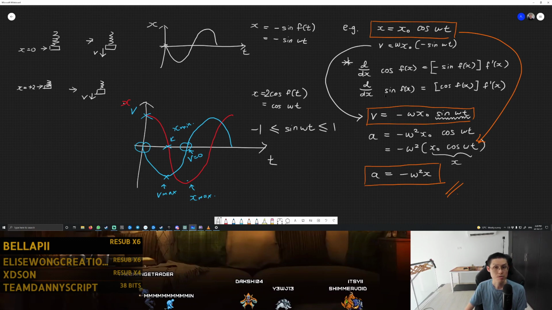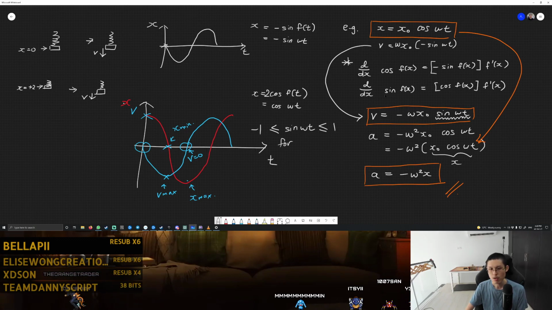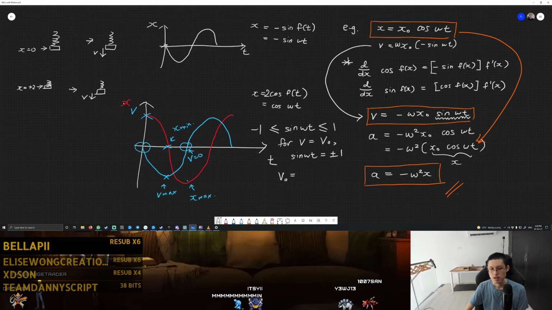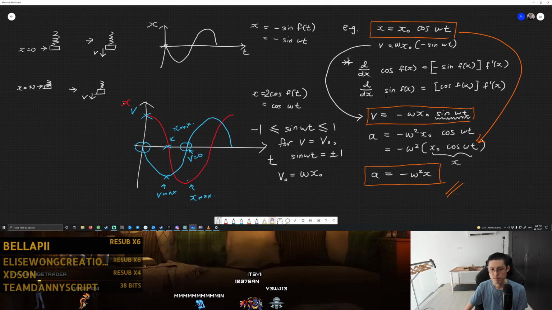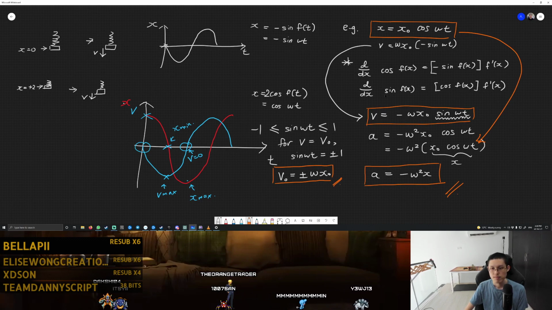Which means if you want v to be some maximum value, sine omega t should be either -1 or 1. So for v to be the maximum value, sine omega t equals ±1, which means your maximum v, or your v naught, would be equal to omega x naught.